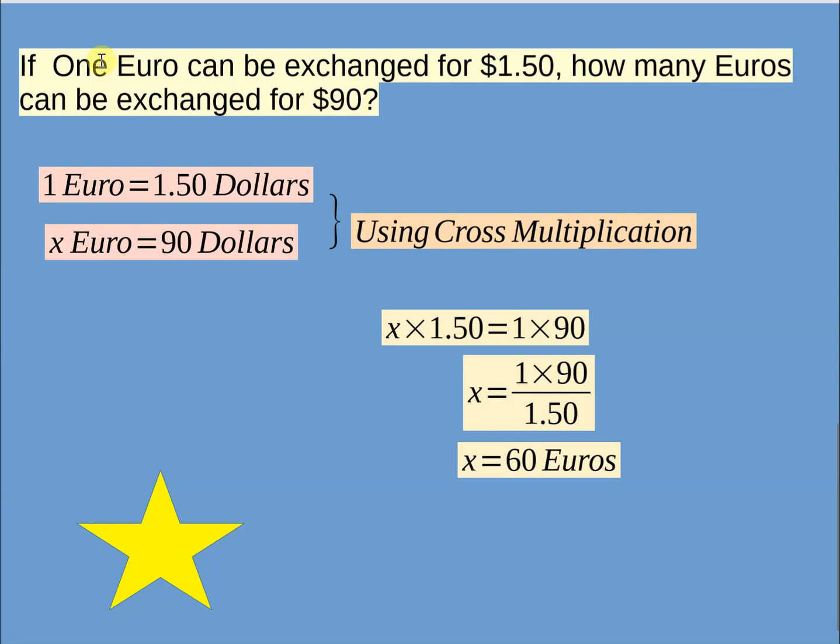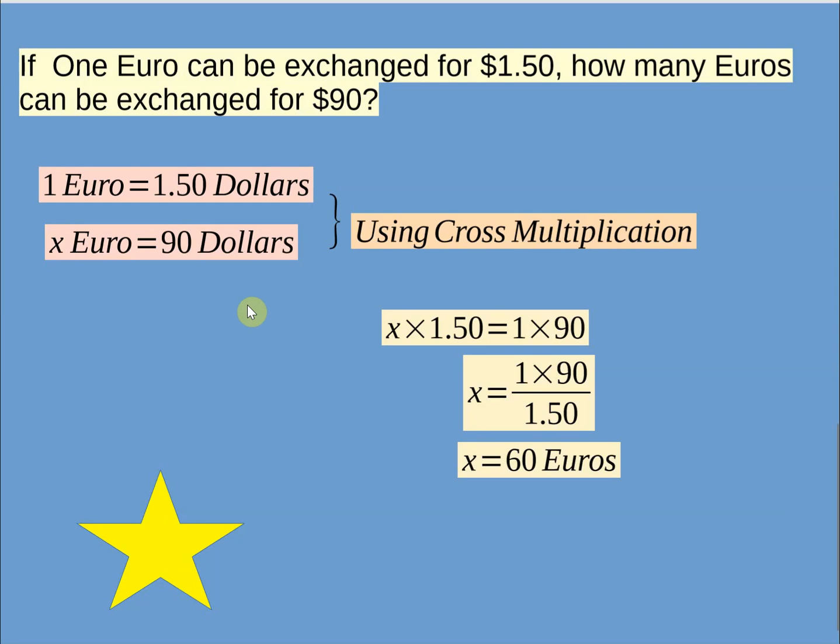So the question is saying that when you have €1, you get $1.50. Now, what will you have to pay in euros to get $90?